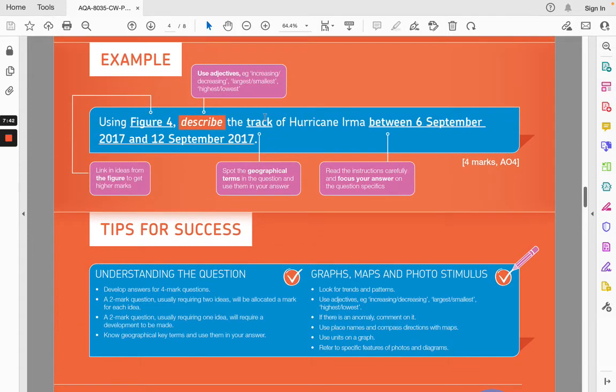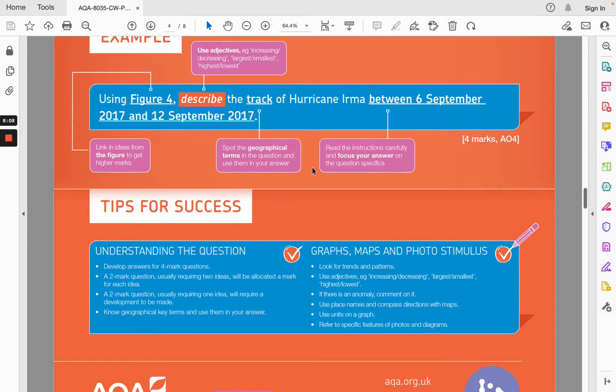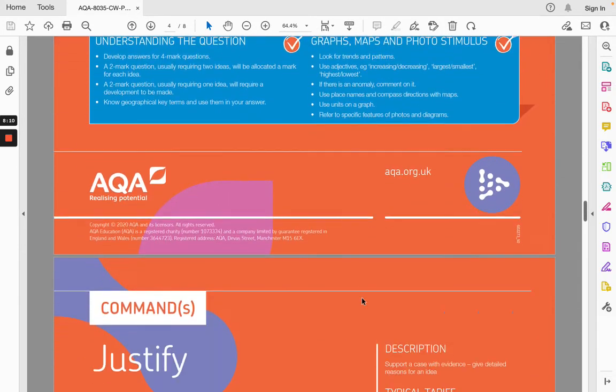So I believe on this question, if I remember rightly, Hurricane Irma at one point is just east off the coast of Cuba. So you would say, and I don't know if this is correct or not, but you could say, I can see that on the 8th of September, Hurricane Irma is off the eastern coast of Cuba. Okay, so you use compass directions as well. It's just that extra little bit of geography goes a long way.